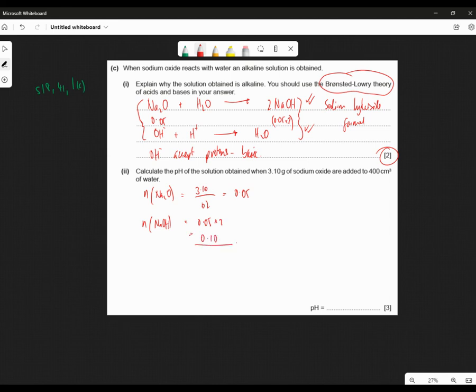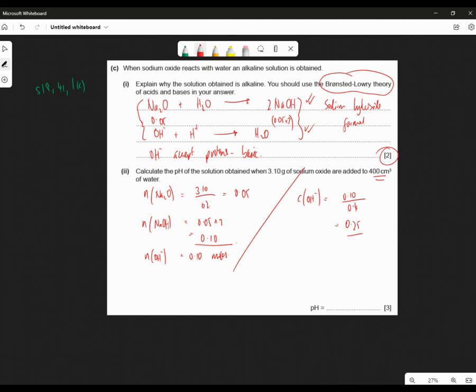Pretty obviously, and therefore, the number of moles of hydroxide ions is also 0.1 moles. So concentration of the hydroxide ions, which we want to know, is 0.1 divided by 0.4. I should know this, but I'm useless at maths. 0.1 divided by 0.4 is equal to 0.25, apparently.